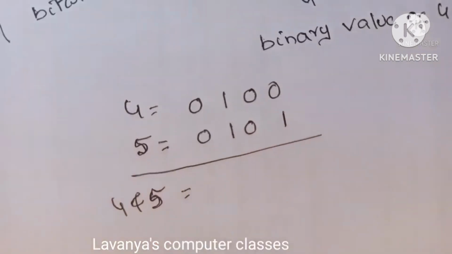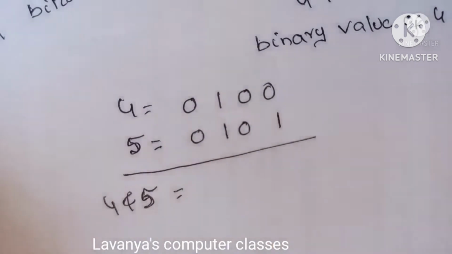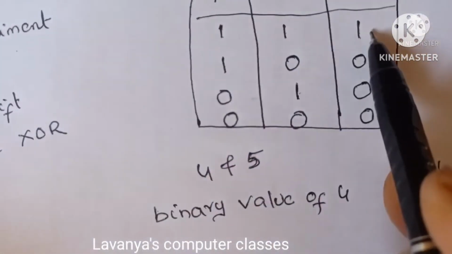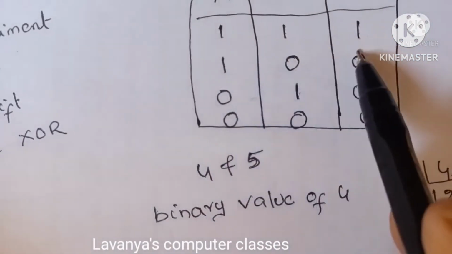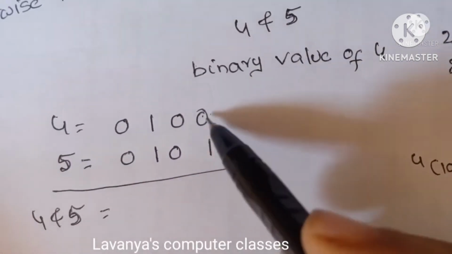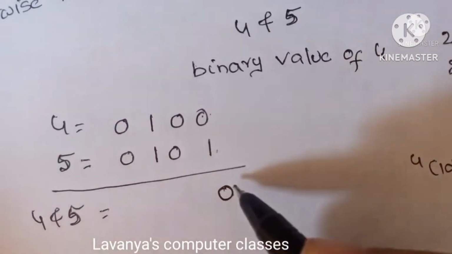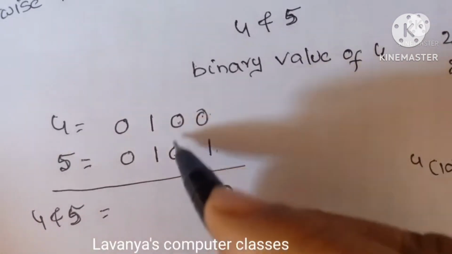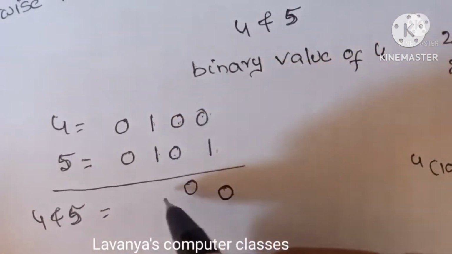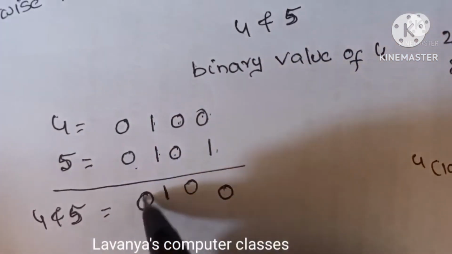As I already explained, only if both values are 1 is the result 1. If any one is 0, the result is 0. Going bit by bit: 0 and 0 gives 0; 1 and 1 gives 1; 0 and 0 gives 0; 0 and 1 gives 0.